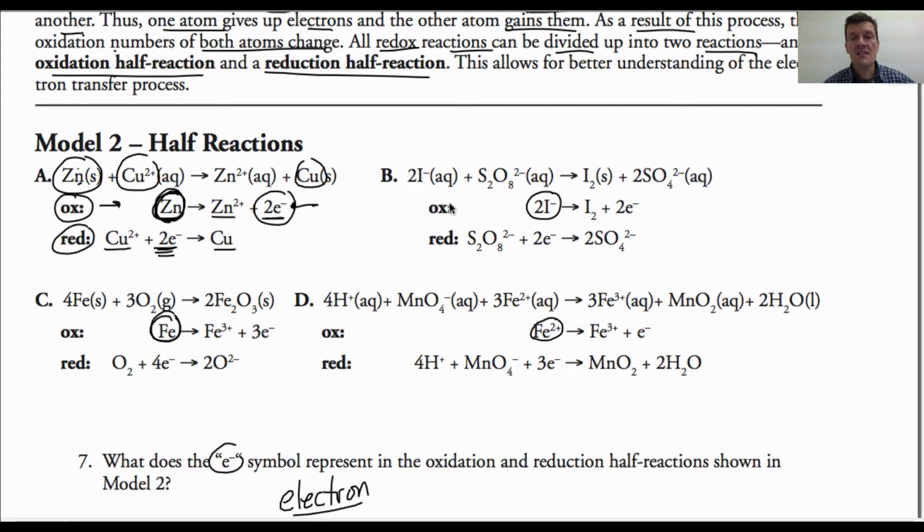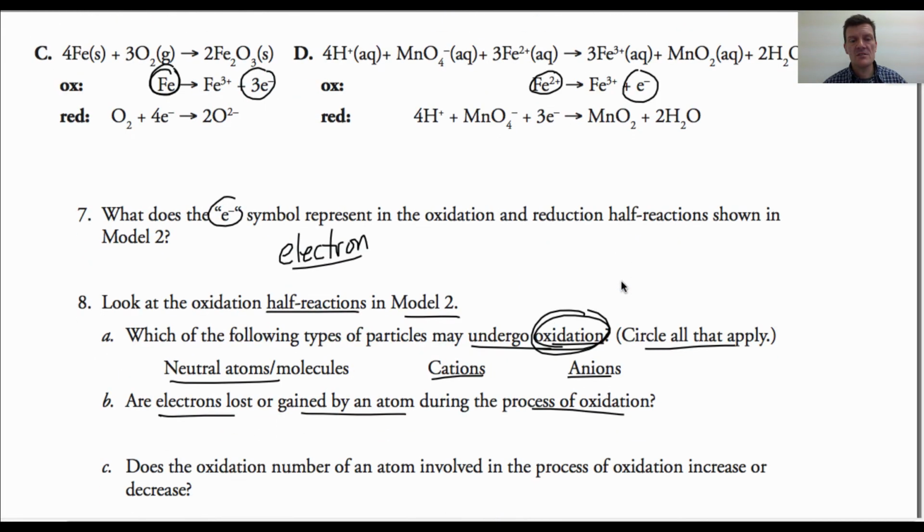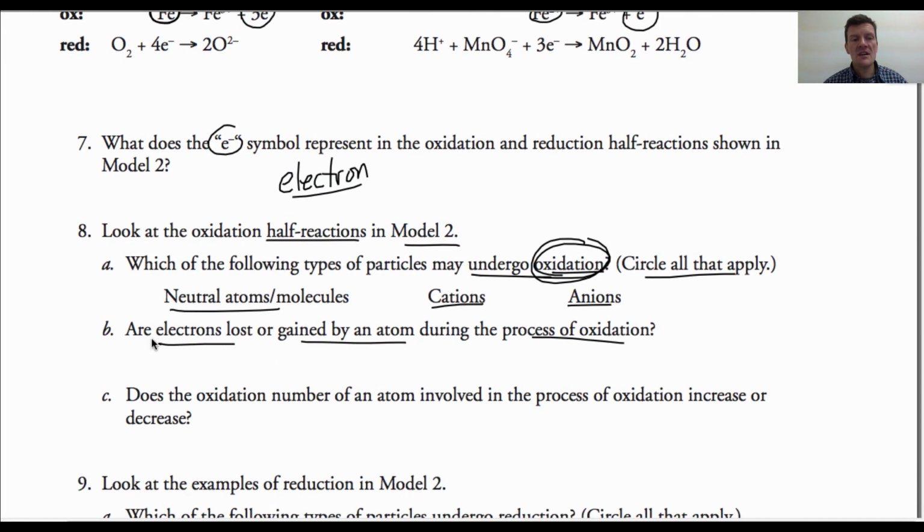So in all cases on the oxidation, look where the electrons are. Product, product, product. They are produced, meaning they are released and able to be transferred to something else. So in every case here, are electrons lost or gained? They are lost. And you're always going to see them on the product side for oxidation. Okay? The electrons on the product side for oxidation.